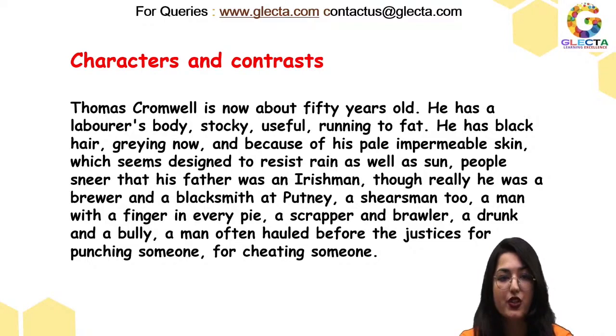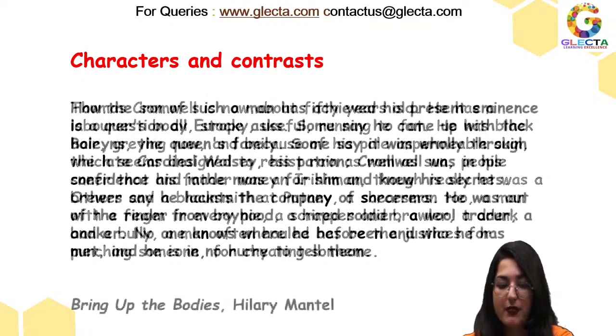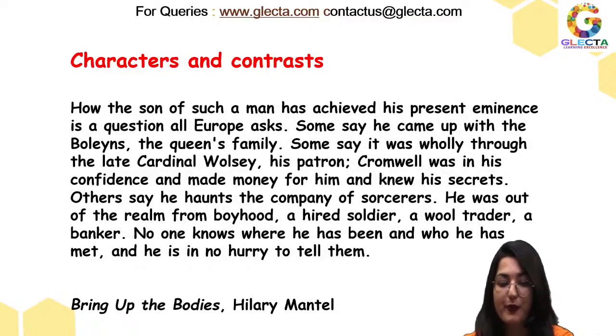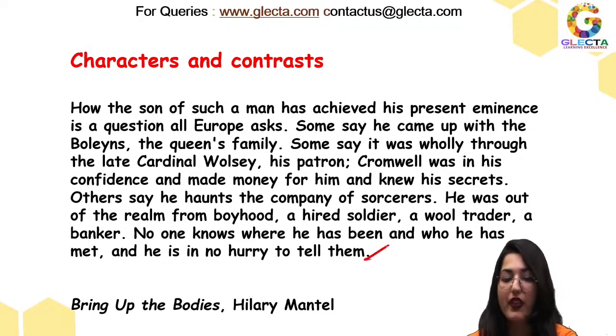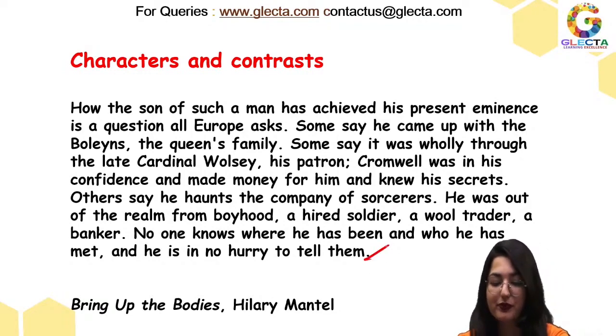You can pause the video and read this extract. And similarly with this: how the son of such a man has achieved his present eminence is a question all Europe asks. So you can read this whole extract till here, and then we can discuss it.